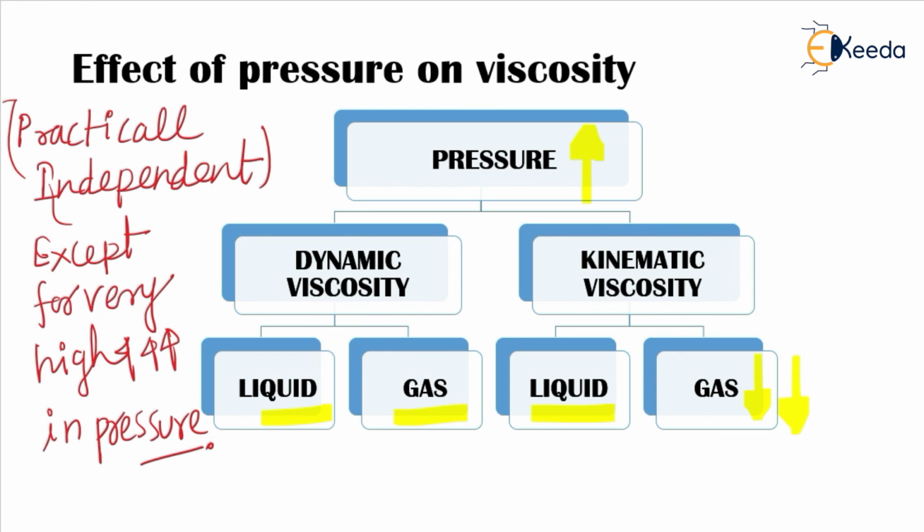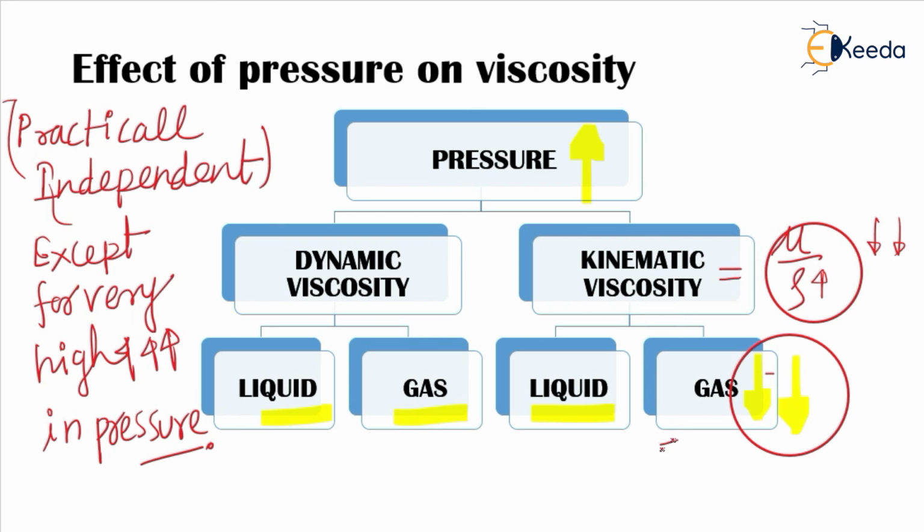Why is that so? Because kinematic viscosity is equal to dynamic viscosity upon density. So the moment you increase pressure, the density will increase, and the increase in density will overall reduce the kinematic viscosity. So only this thing is important from your exam point of view, because only this will change: the kinematic viscosity for gas.